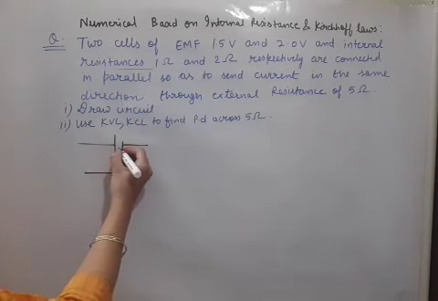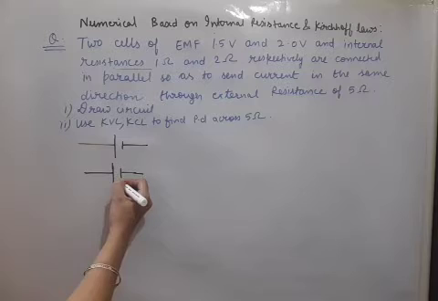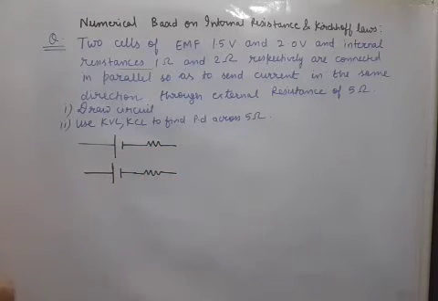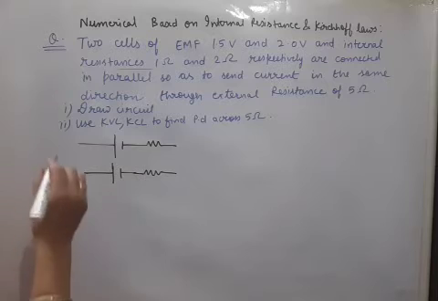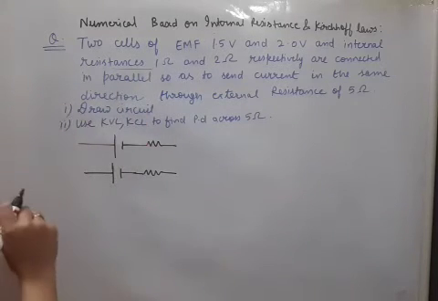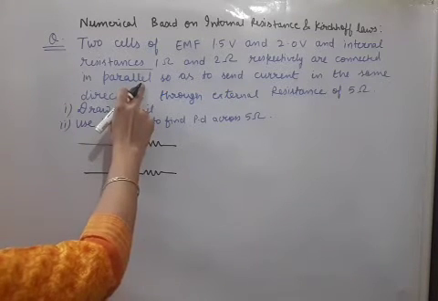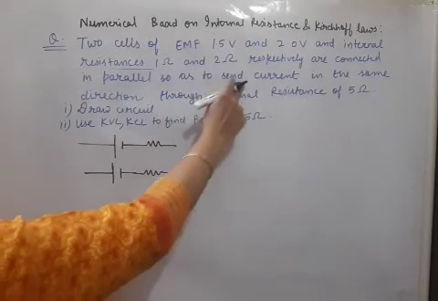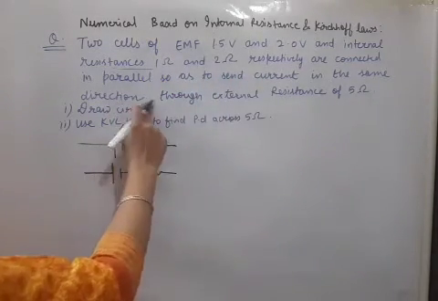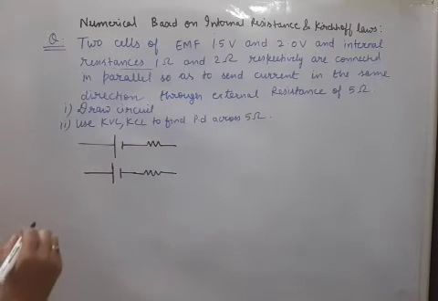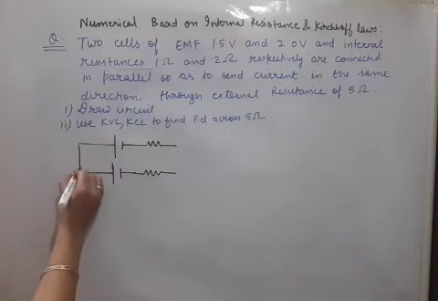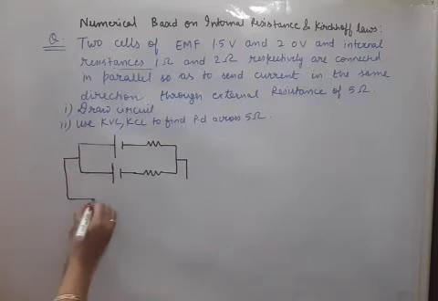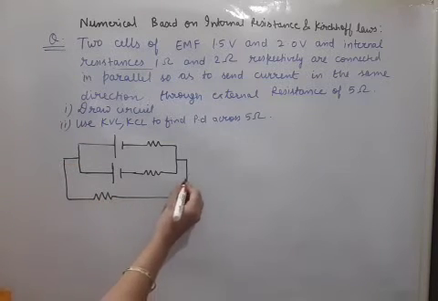Now the cell is represented completely by its internal resistance, so we have to show internal resistance always like this. Now these two cells are connected in such a manner that they are parallel and they are connected so as to send current in the same direction through external resistance of 5 ohm. So both the cells are connected in parallel and they are sending a current to external resistance capital R.